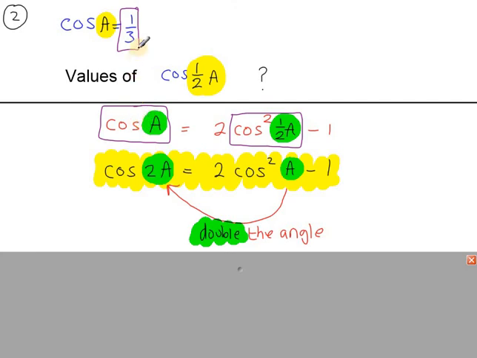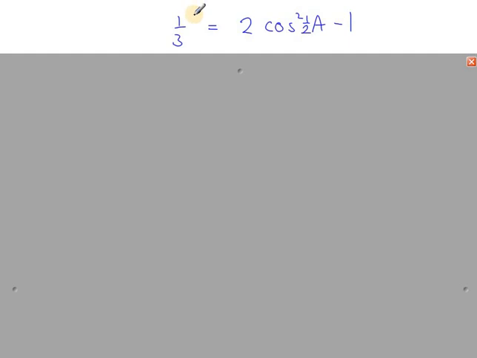So let's substitute in 1/3 here, and then rearrange to make cos 1/2 A the subject. Okay, so I've substituted in the 1/3, so I'll need to add 1 to this and then divide by 2, and that will leave cos squared 1/2 A, and then square root to get cos 1/2 A.